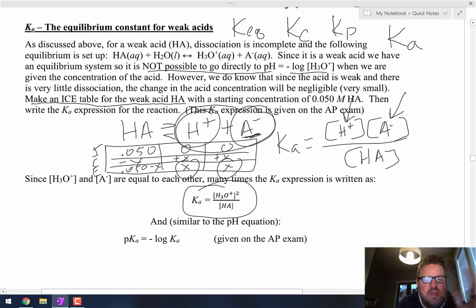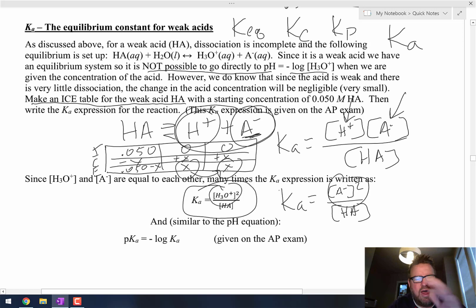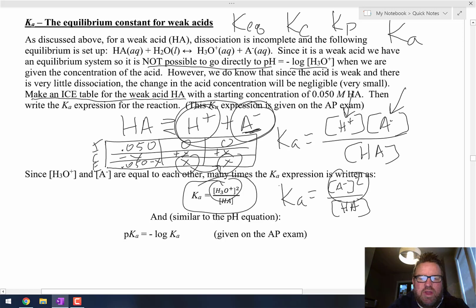And because you get a 1-to-1 ratio, basically you can say, whatever the hydrogen ion concentration is, that's what the concentration of A minus is going to be as well. So you could also write this as H3O plus squared over the concentration of HA. Because that A minus and that H3O plus are the same, a lot of times you just take that value and you square it.